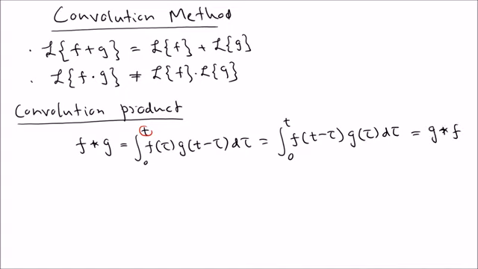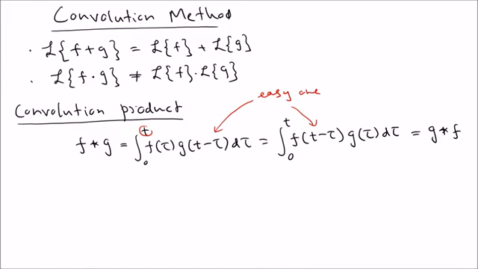You can switch the order, you still get the same answer. So now the question is, we put t minus tau for the easy one, the one that is easy to integrate. That's how you're going to pick it, whatever the easy one is.